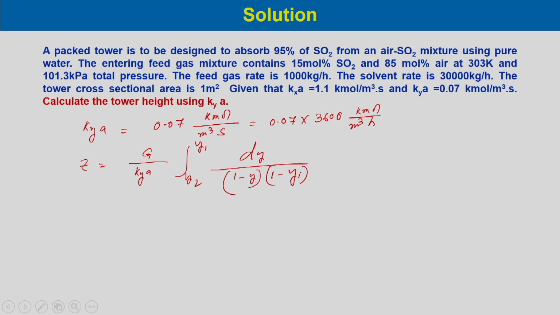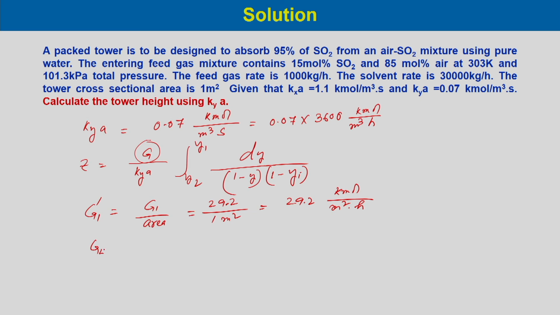We need to calculate G. G1 dash would be G1 divided by area, which is 29.2 divided by 1 meter square, so 29.2 kilomole per meter square hour.